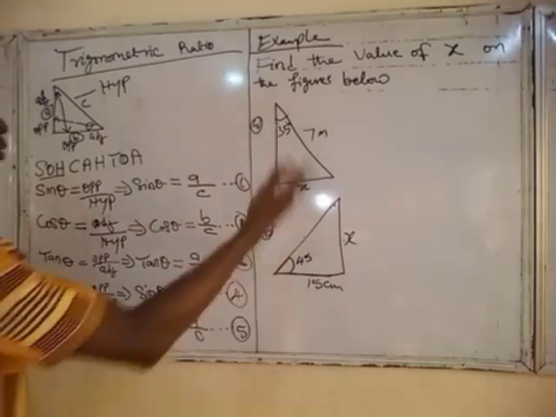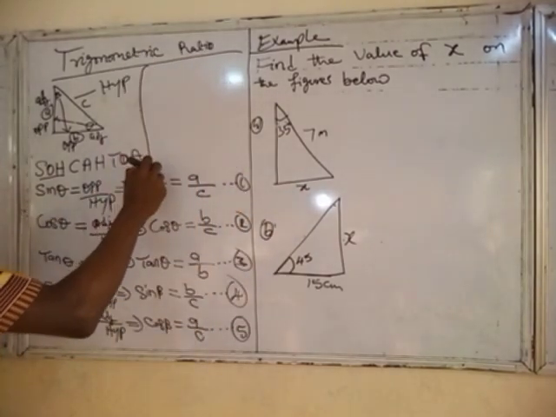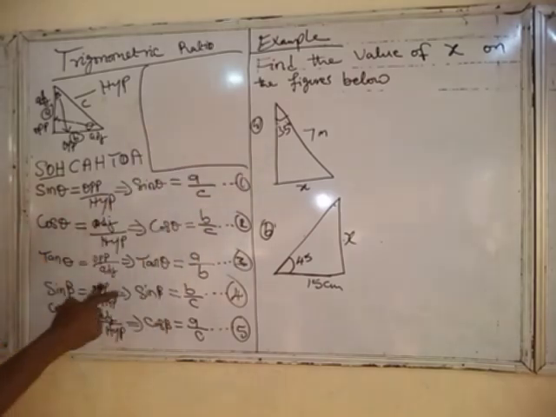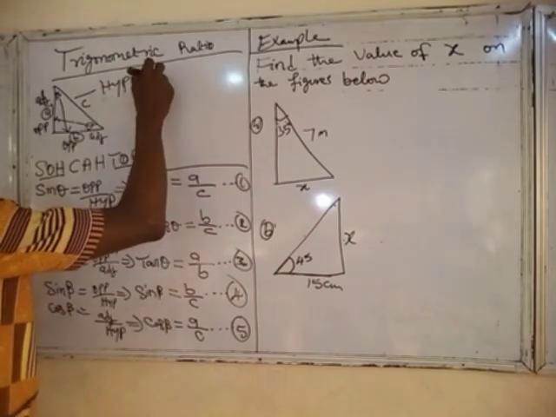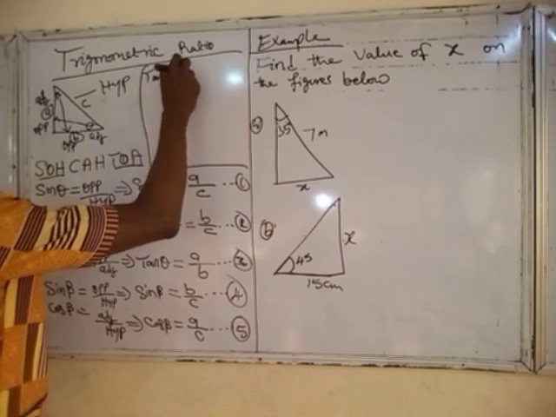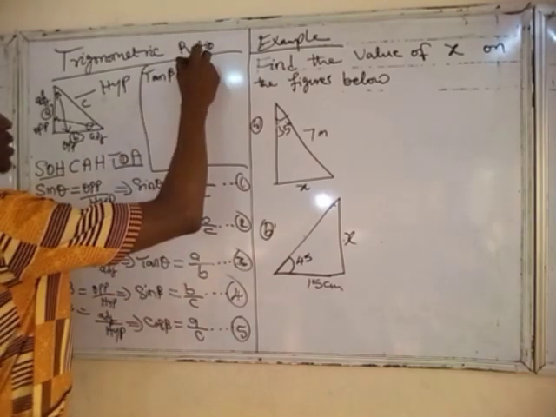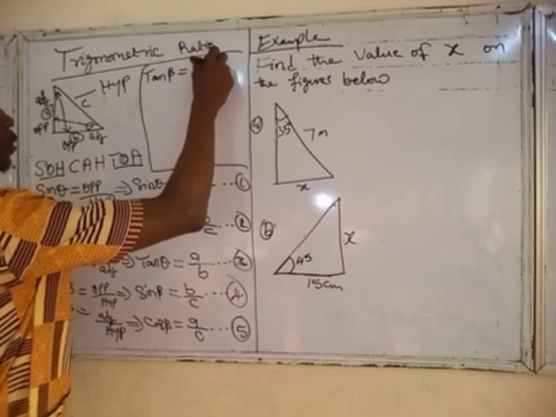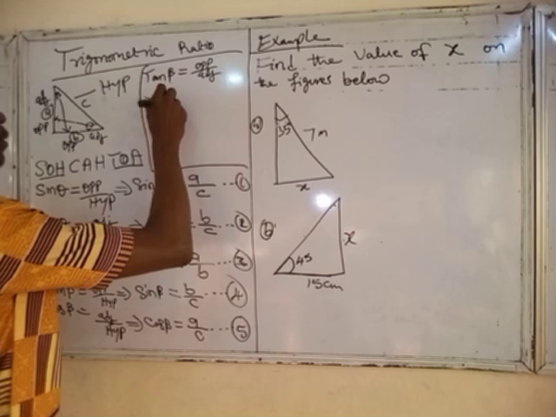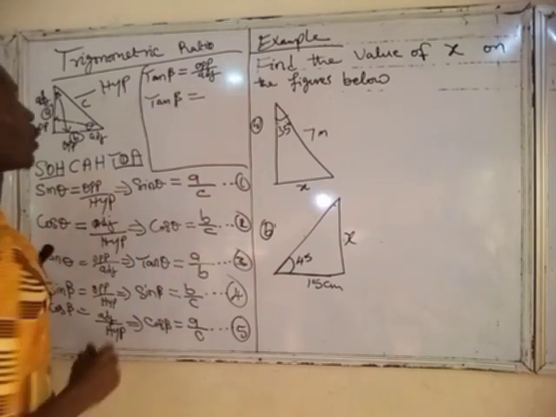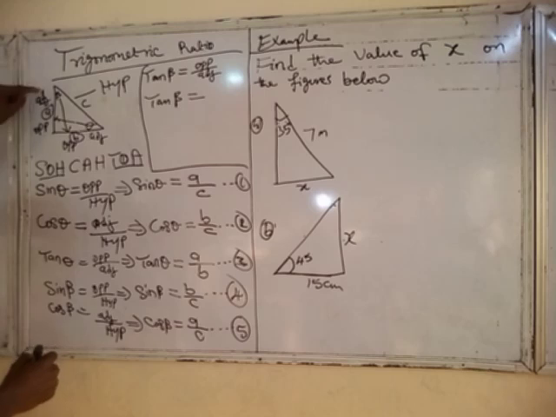So, in order to save space, I want to do the sixth ratio here. For the sixth ratio, we have TOA, which is tan of beta equals opposite over adjacent. So tan beta is equal to opposite over adjacent.